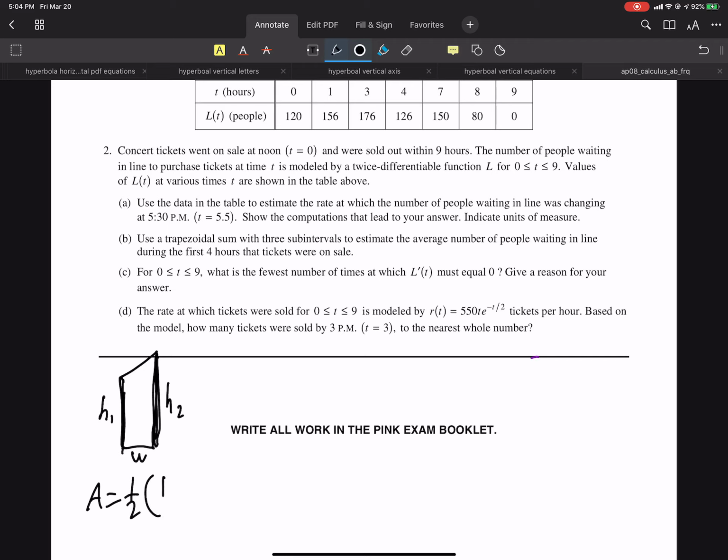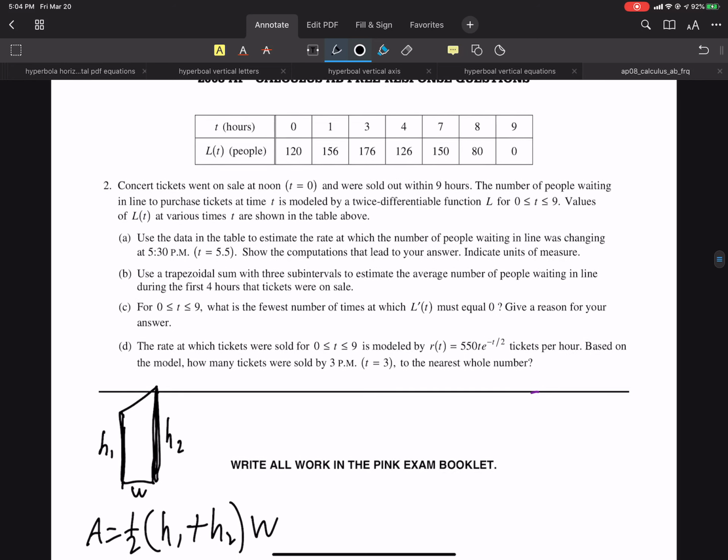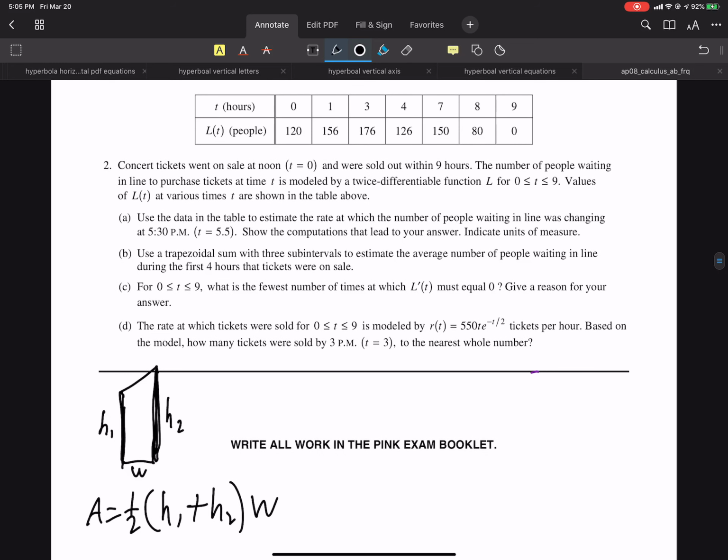The base will be H1, H2, but since there's 2 bases, the triangle only has 1, this has 2. We add up the bases and multiply by the width between them. So that's the area of a trapezoid. So again, H1 and H2 are kind of like the heights of the function, and the width is the change in time. So we're going to approximate.